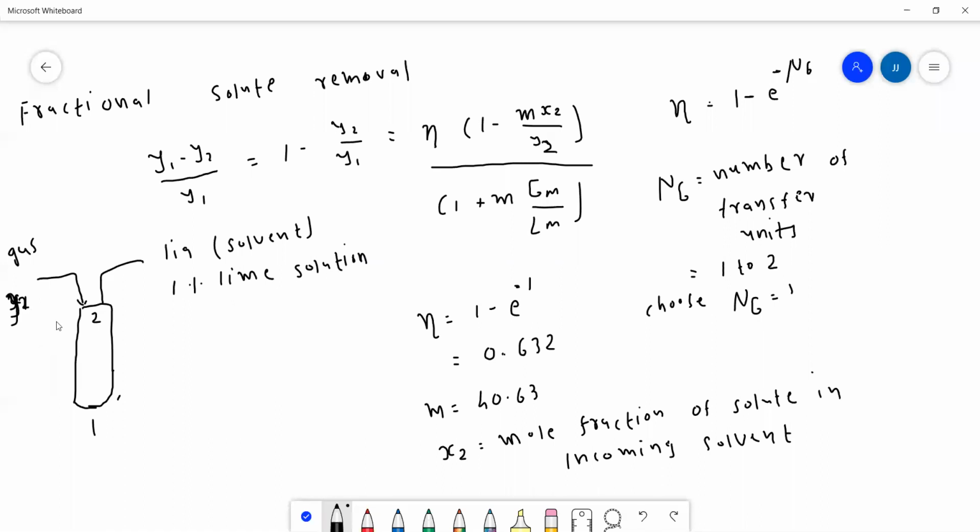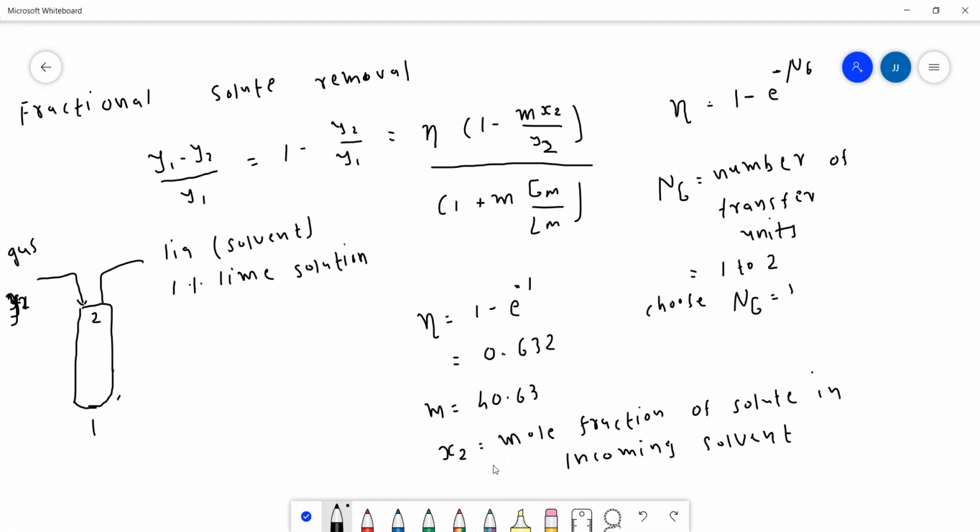Y2. X2 is the mole fraction of solute in the incoming solvent. But the problem statement does not mention that the incoming lime solution contains any solute, so we say the incoming solvent is free from SO2.